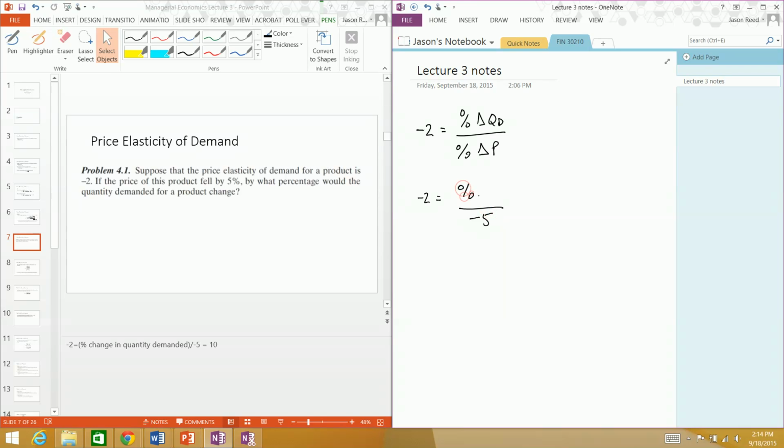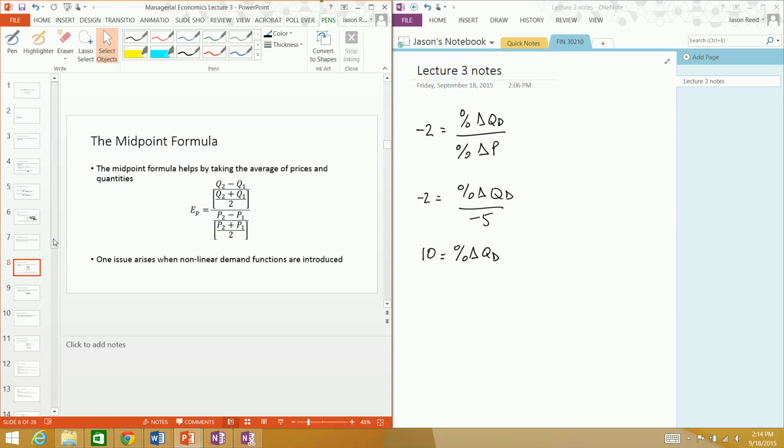So if we rearrange the algebra, we get 10 is equal to the percentage change in the quantity demanded. So we know that with a 5 percentage point drop in the price of this product, the quantity demanded is going to rise by 10%.